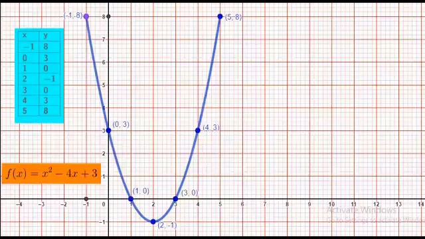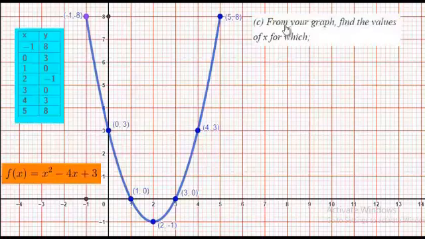Now, question C. It states that from your graph, find the values of s for which y decreases as s increases.